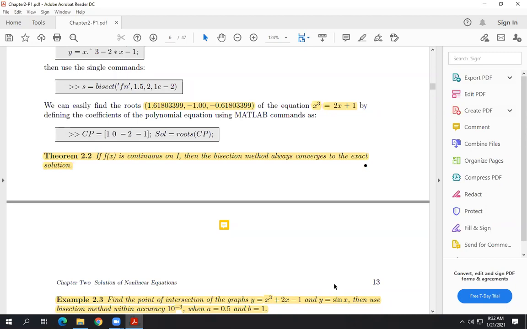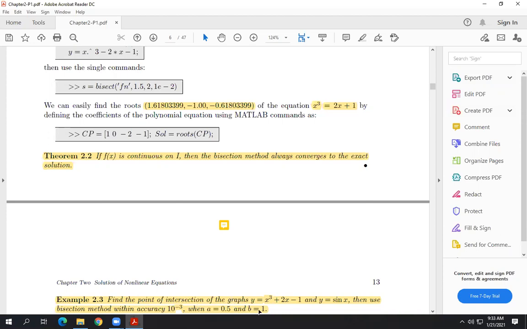Now, you need what? The function and the interval. What is given only? You are given the interval. The interval is 0.5 and 1. You need your first nonlinear equation. Can any student have the idea what is the meaning of the point of intersection? To graph, the point of intersection means what? The two equations are equal.